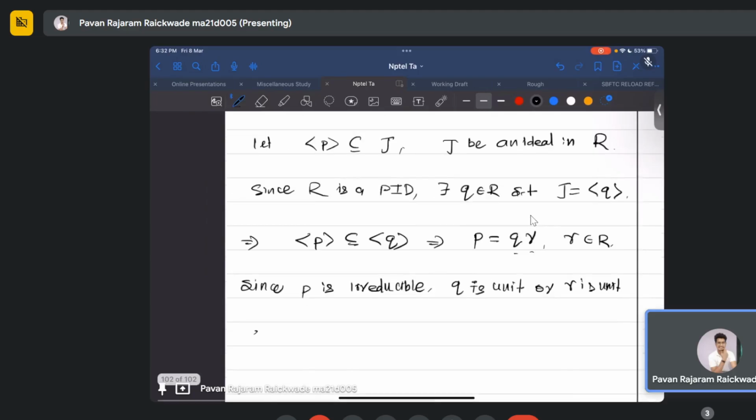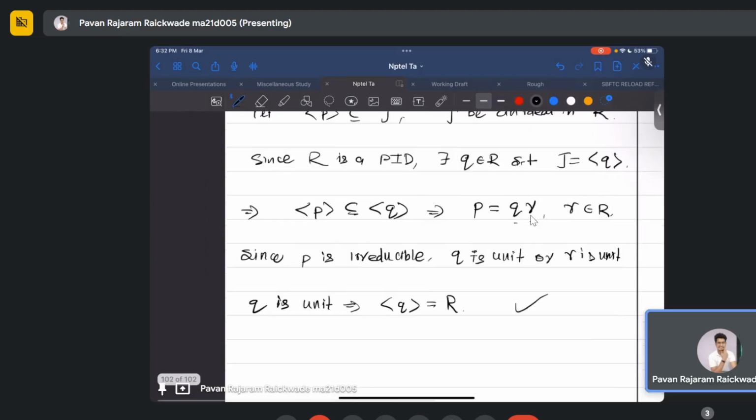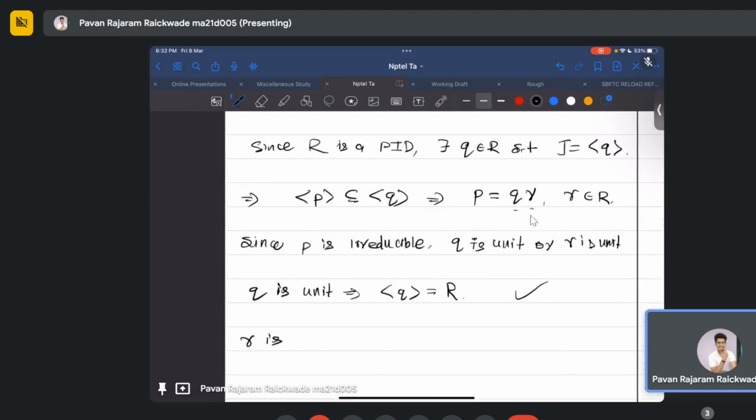What happens in both of the cases? If Q is a unit, this implies the ideal generated by Q is the whole ring R. Hence we are done. And if R is a unit, then you can write Q as P R inverse.